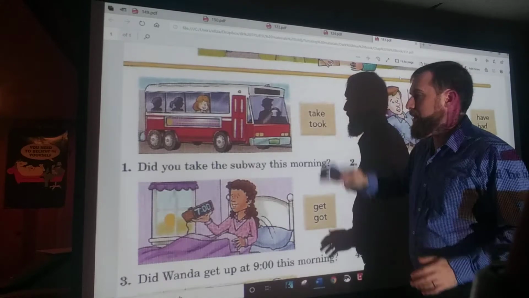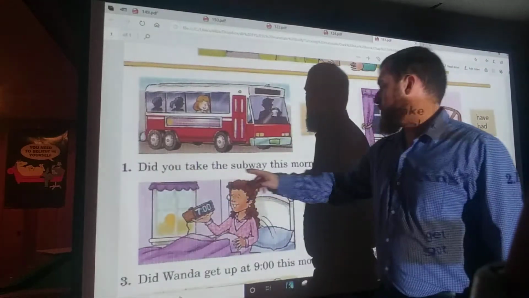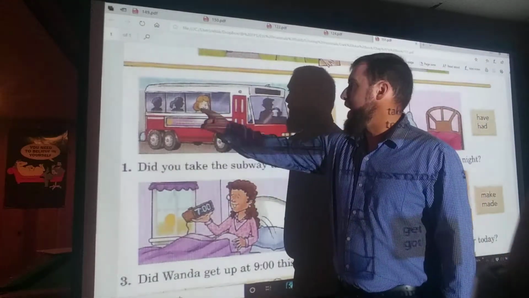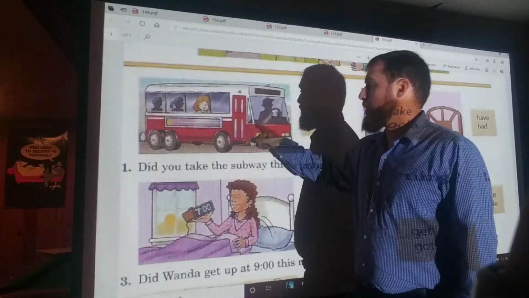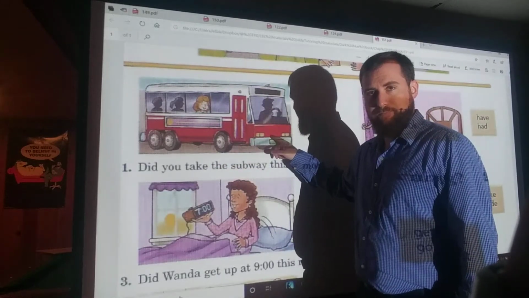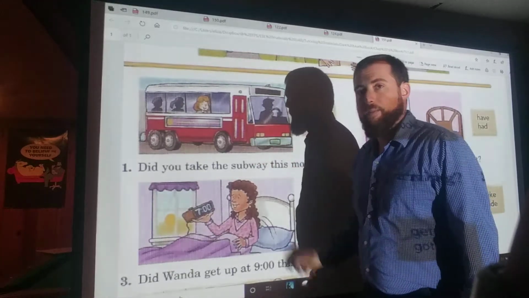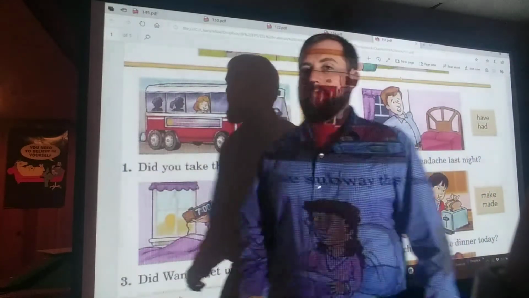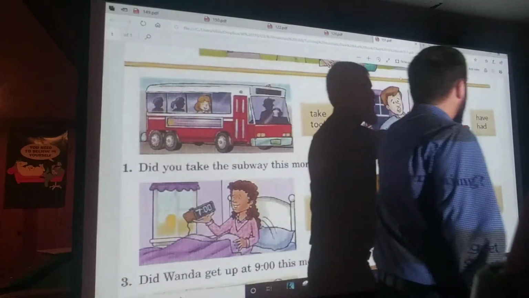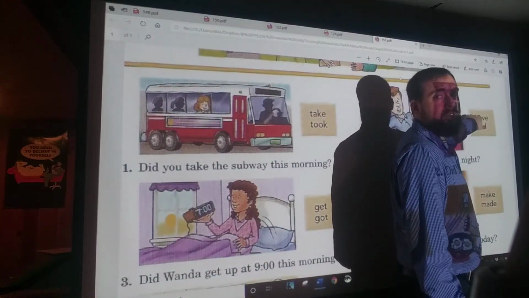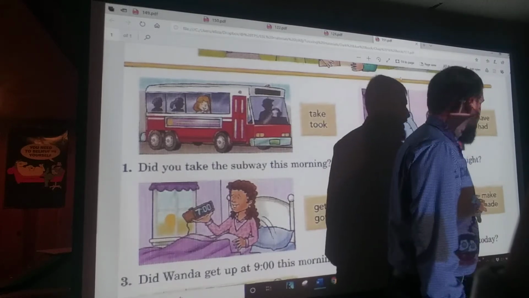So from the box, you know that. So you're going to write, did you take the subway this morning? No, I didn't. I took the bus. Okay? You're going to write that down. That's going to be the first part of this two-part exercise. So each one of these, make sure you look in the box. The answer's in the box. We're going to practice these irregular verbs.